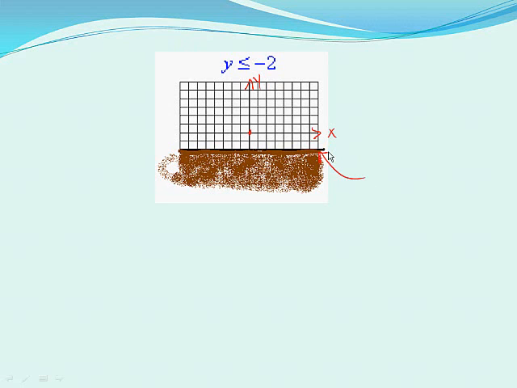This is the line y equal to negative 2. And if I substitute x equal to 0, y equal to 0, that is testing at the origin, we see that 0 less than or equal to negative 2 is not satisfied. So therefore I cannot shade the side that contains the origin, so I will go to the other side. Shading here, solid line because of the inequality being of this kind.